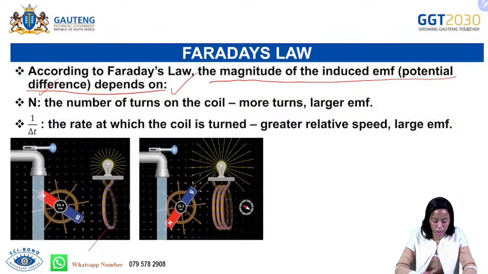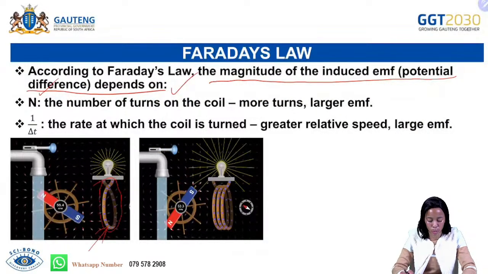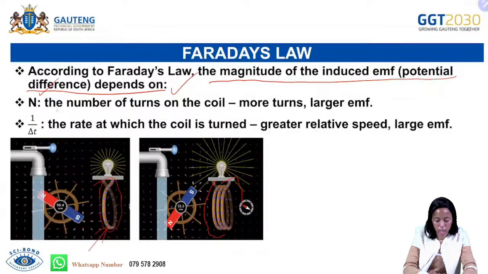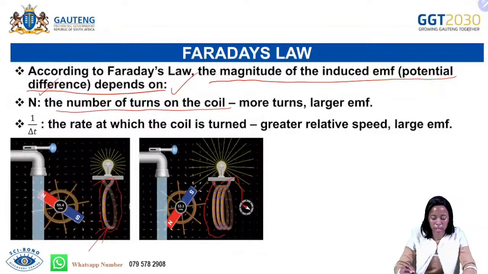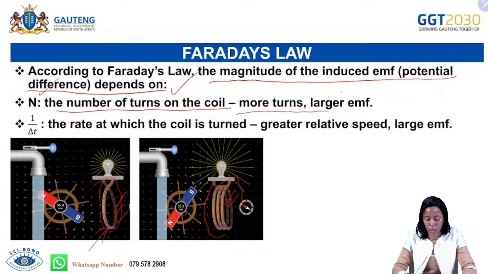If we look at the diagram here, on this one we have one coil, and on this one we can see that we have 3 coils. If we increase the number of turns on the coil, we are going to have more coils, and with more coils we are going to produce a larger EMF.